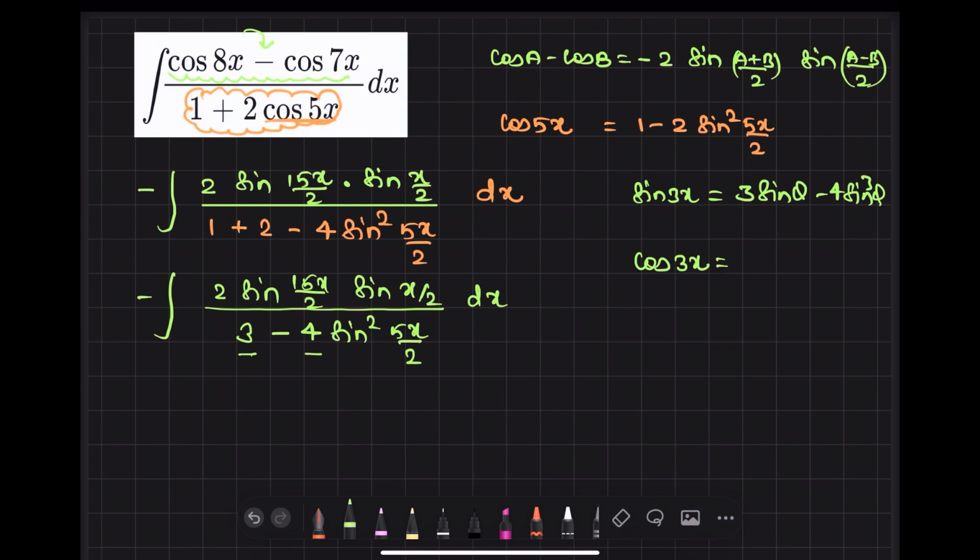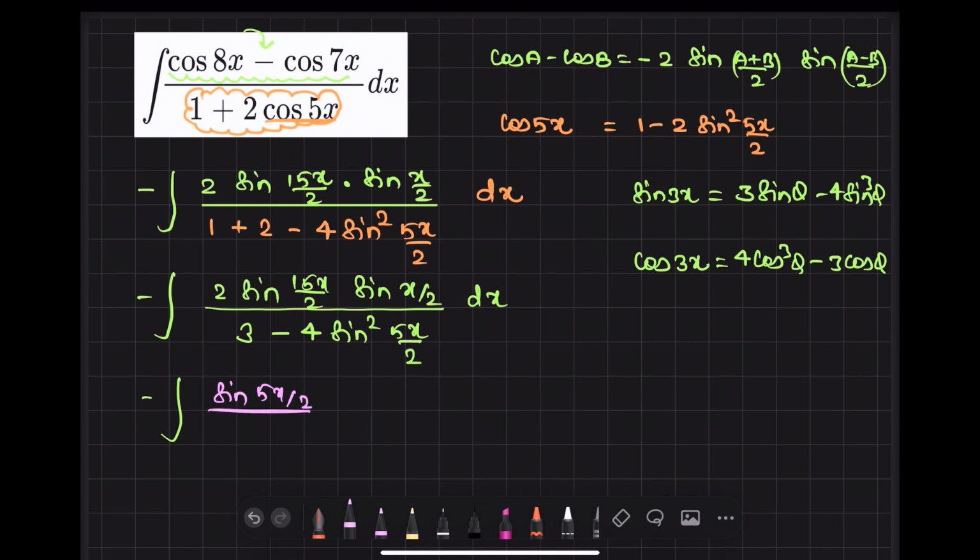Same way this formula will become 4 cos cube theta minus 3 cos theta. Okay, now look at this. Here we have 3 and 4 and we have sine square. So can I multiply and divide numerator and denominator by sine 5x by 2? Okay. So what I am trying to say, I will multiply numerator and denominator by sine 5x by 2.